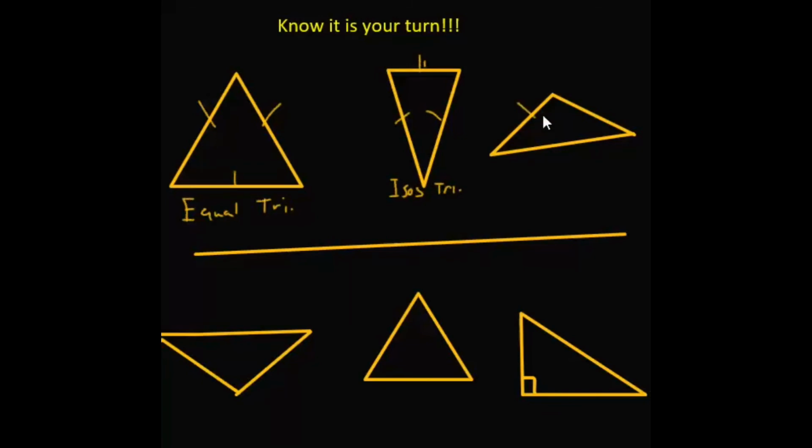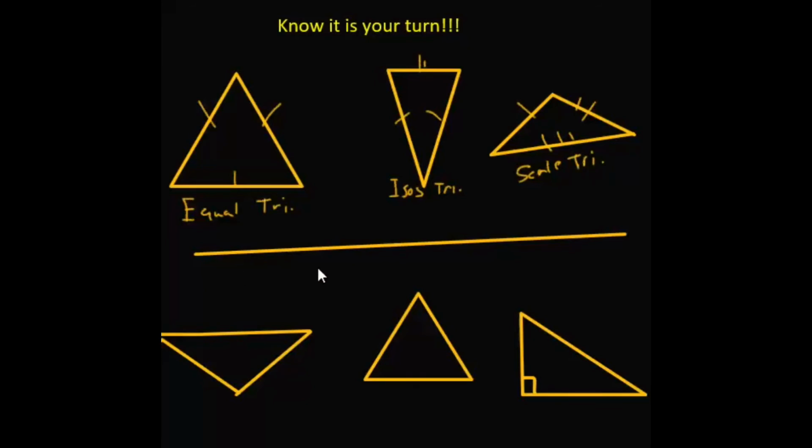So we can write down these lines, 1, 2, 3, and this is a scalene triangle because it has no equal sides at all. I'm just going to write scale. Okay, so this one is a scalene triangle.